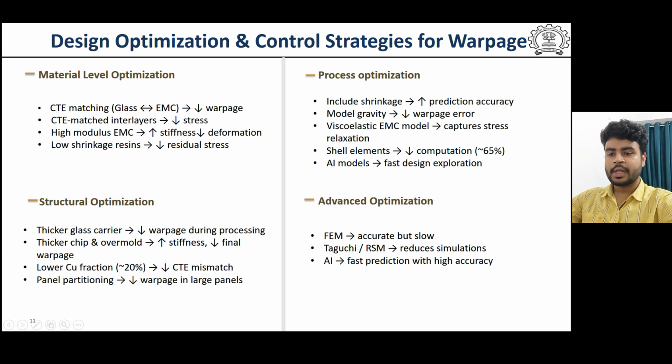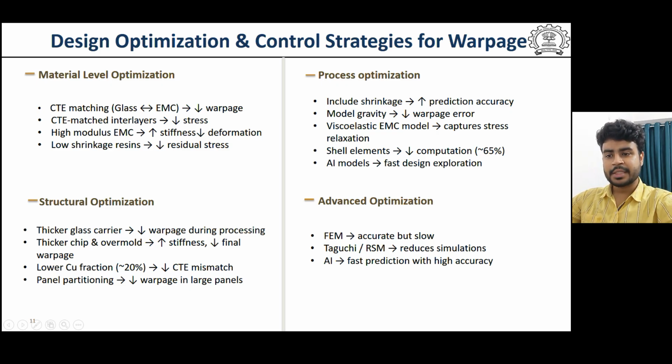Now coming on to the next slide, let us see how we can control and minimize warpage through design and process optimization. In this slide I will explain four key aspects of warpage control: material, structural, process optimization and advanced optimization methods. First, at the material level: CTE matching between glass and EMC helps to reduce thermal mismatch, which directly lowers warpage.